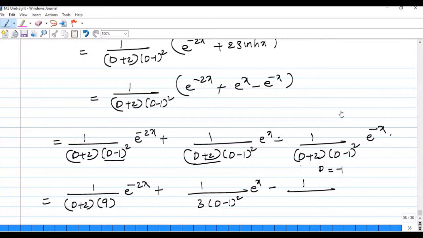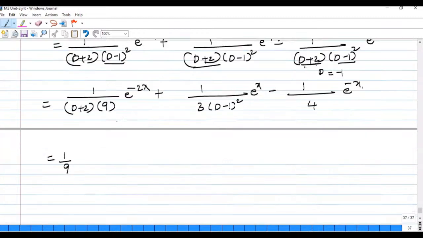Now tell me the first one, 1 by 9 into, if you put d equal to minus 2, the denominator is 0. So what is the next step? x by differentiation. What is the differentiation of d plus 2? 1, into e power minus 2x, plus 1 by 3 into, if you put d equal to 1, the denominator is 0.